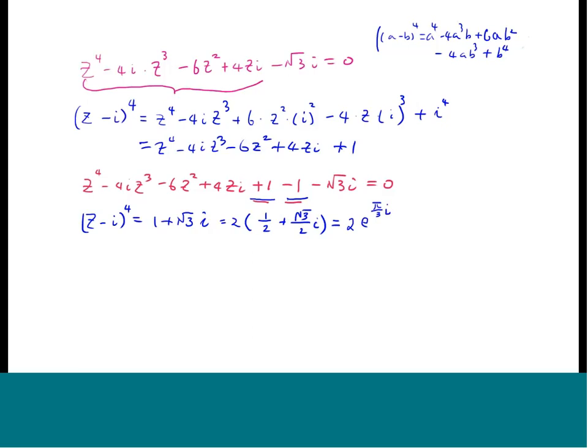So I'm able to solve that one. So z minus i could have 4 different possible values: the fourth root of 2 times e to the pi i over 12, this is one solution, right? For 2, then e to the, what is the next solution?